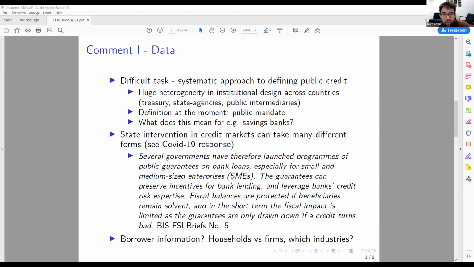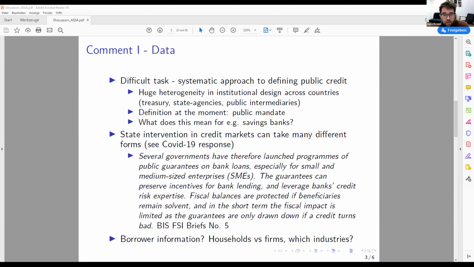And then the second concern I have about the data is that state intervention in credit markets can take many forms. It's not only that state-owned banks give credit, but what we see, for example, now with the COVID crisis is the state guaranteeing credit given out by commercial banks. This is the response in many European countries.